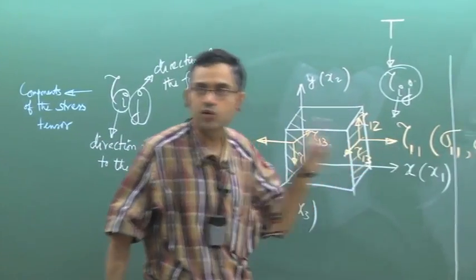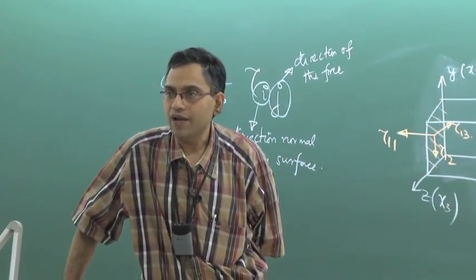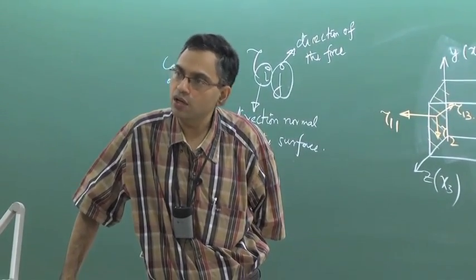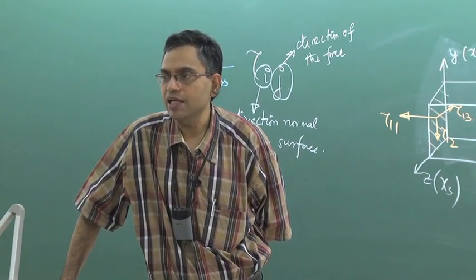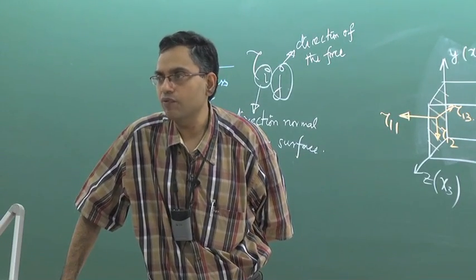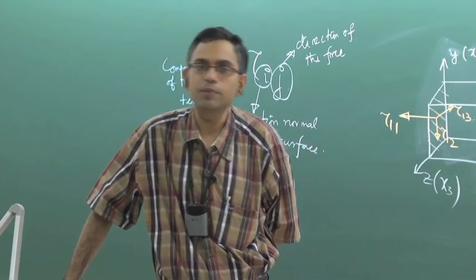This tau ij notation we can use for those surfaces which have normal either along x or along y or along z. But in reality, any arbitrary surface will not have normal along x or along y or along z. So, how will we represent that?